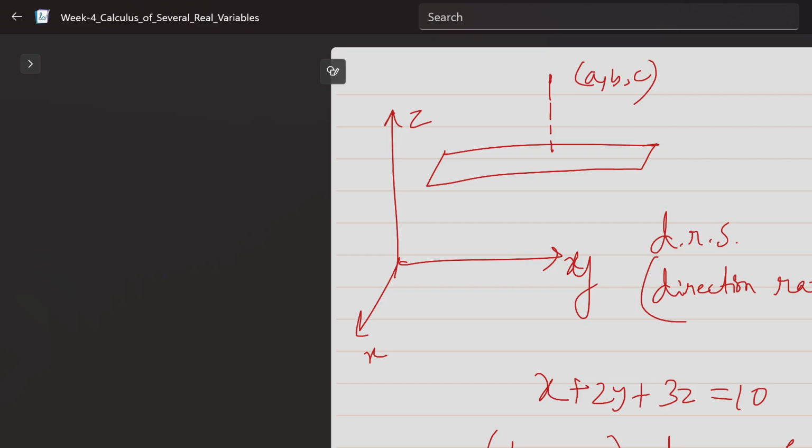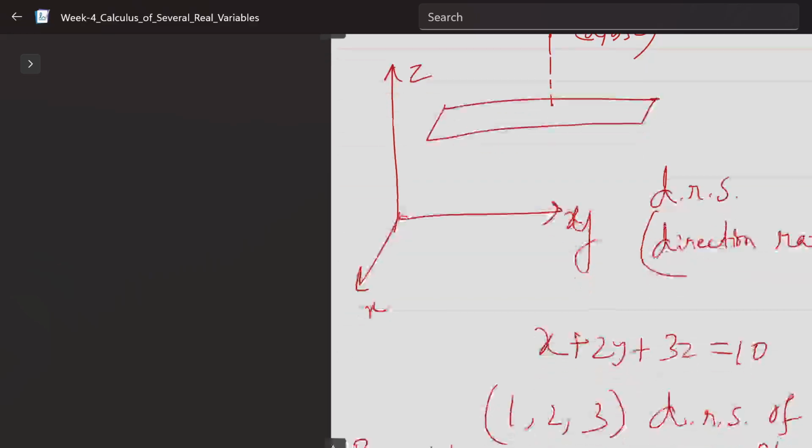The plane direction ratio and the normal line direction ratio are the same. This is a remark, you can say.